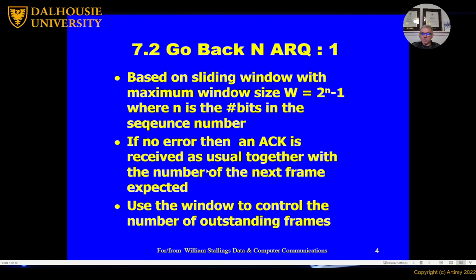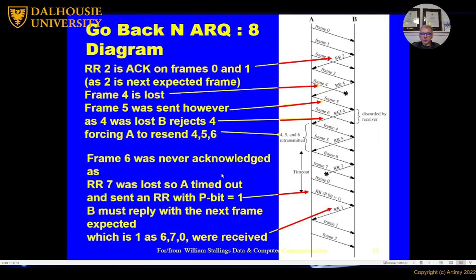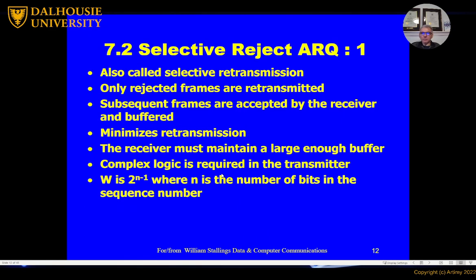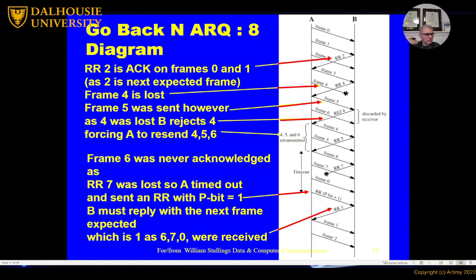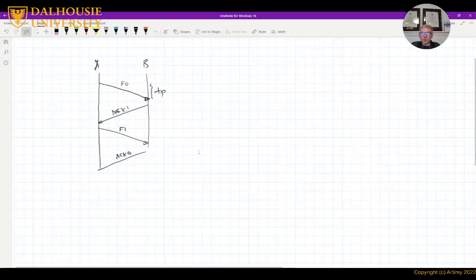All right, so I promised to explain why we go back a number of frames instead of just sending the missing frame. This has something to do with the design of the receiver. If I want to keep the receiver simple, we need to have somewhere those frames go anyway.